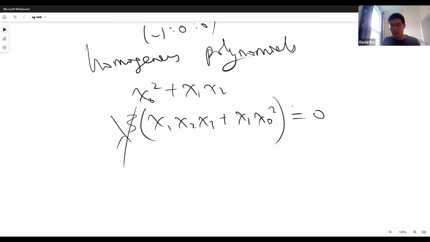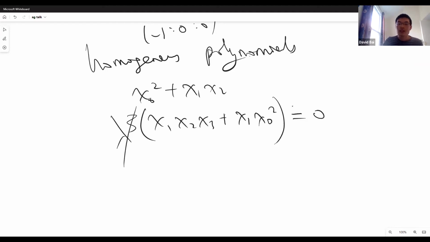And you can also check that if you want to consider a normal polynomial on the normal coordinates on Kn, then you can always extend it to be a homogeneous polynomial on Pn, because you have one more variable. So you can always set that variable to be 1, and then you get a perfectly normal polynomial.